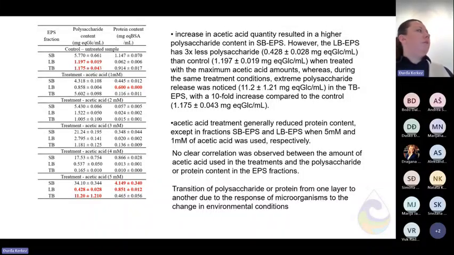At this moment we cannot find a clear correlation between these parameters, but we can say that transition of polysaccharide and protein from one layer to another is happening due to the response of the microorganisms to the change in the environmental acidic conditions.